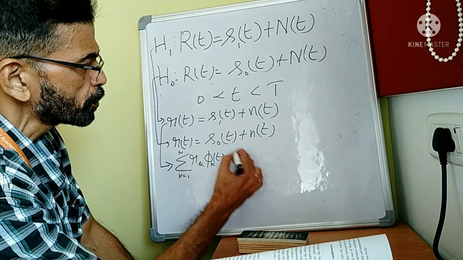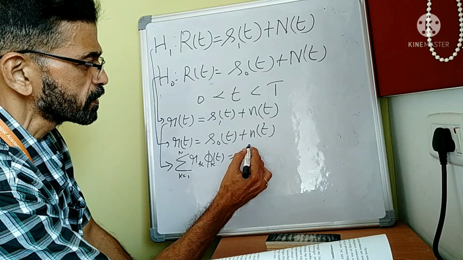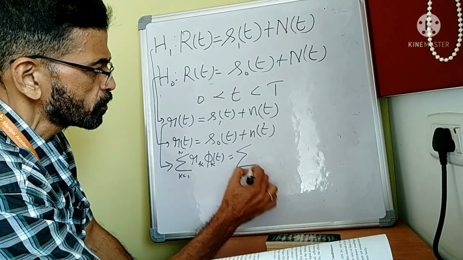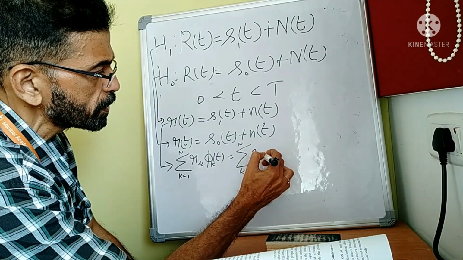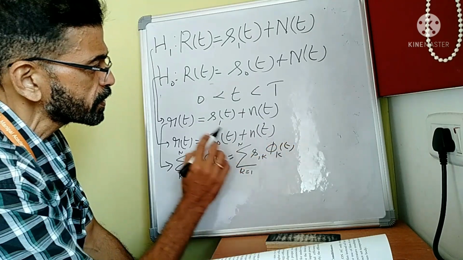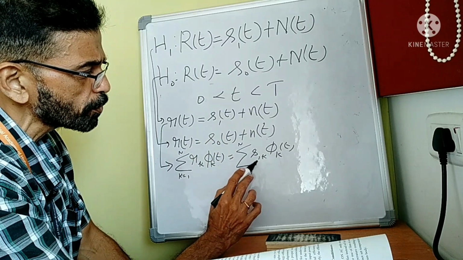And this will be equal to S1(t), which we already know can be expressed as a series expansion, series representation, k equal to 1 to n, S1k phi_k(t). So there is a subscript here to distinguish the two signals, and I'll borrow the same subscript.